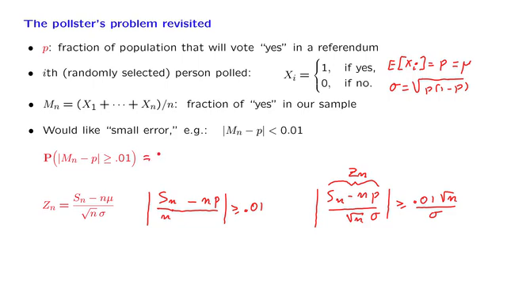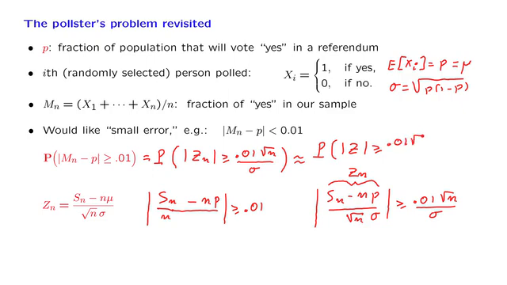In particular, what we have is that this probability is the same as the probability that the absolute value of Zn is larger than or equal to 0.01 square root of n divided by sigma. And then we can use the central limit theorem approximation to approximate this probability by the corresponding probability, where we now use a standard normal random variable instead of the Zn random variable.